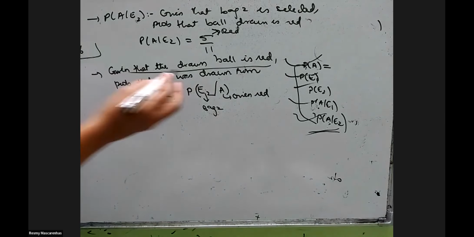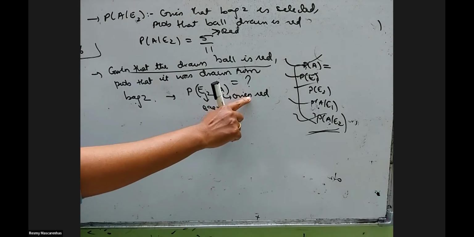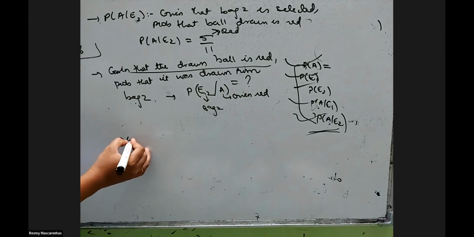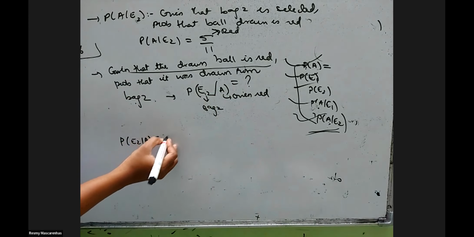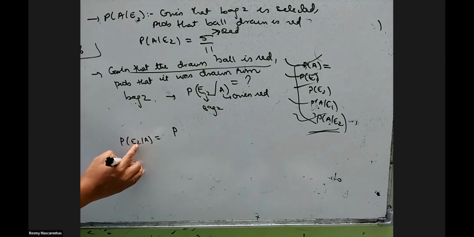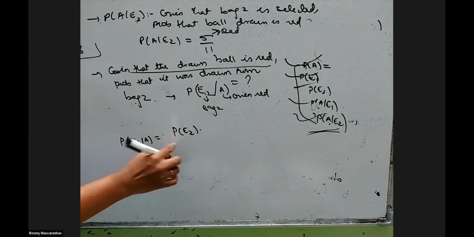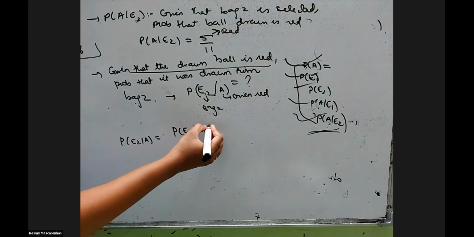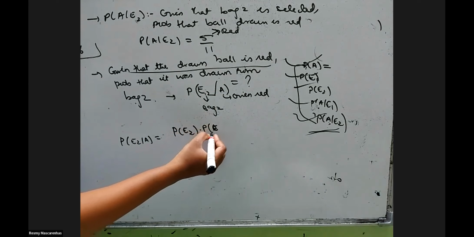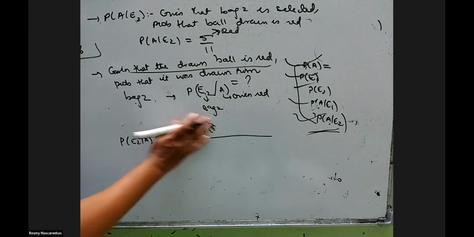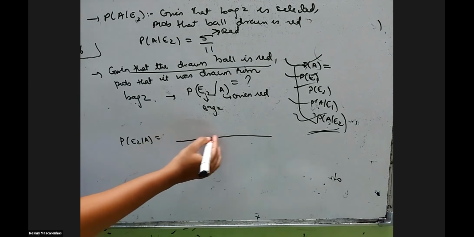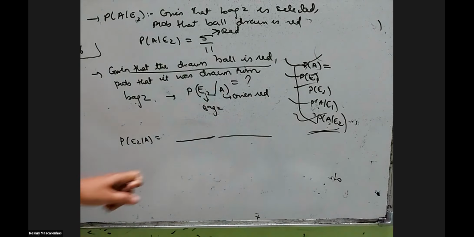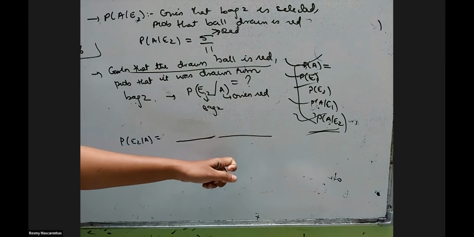We have to basically find this: given that the ball drawn is red, what is the probability it is from bag 2? This will always be E2. Or one thing you can do, if this is confusing, you have to find P of E2 upon A. The denominator will always be the total probability theorem.